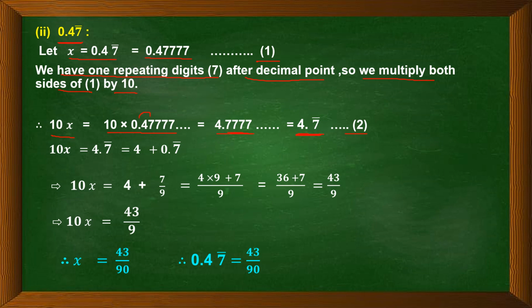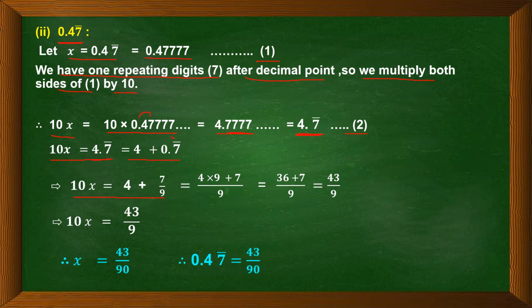Now we shall apply rule 2, that is, we are going to solve it by a shortcut method. 10x is equal to 4.7 bar. This is our equation 2. Now 4.7 bar, split it into 4 plus 0.7 bar, which gives 10x is equal to 4 plus 7 by 9.